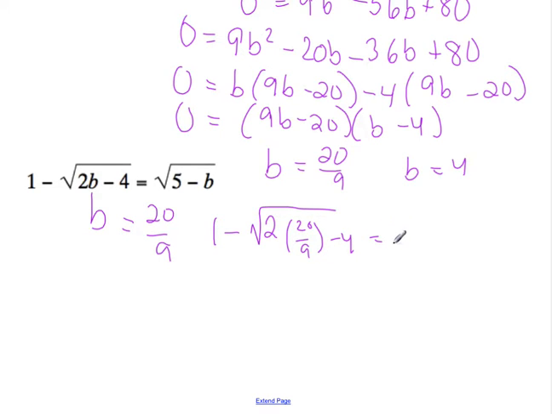That's got to be equal to the square root of 5 minus 20 over 9. And that's the question.